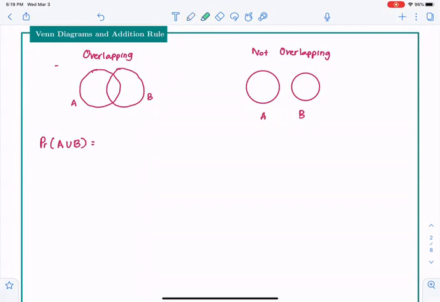You want to look for everything that corresponds to the event A, and you divide it by the total. If I shade everything that corresponds to event A, I will shade all of that. So I could write it as probability of A, because that is the part that corresponds to A.